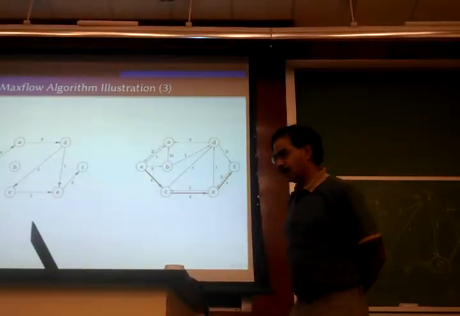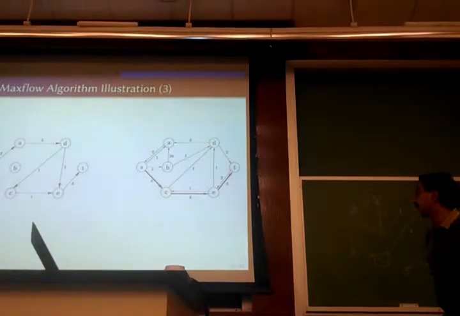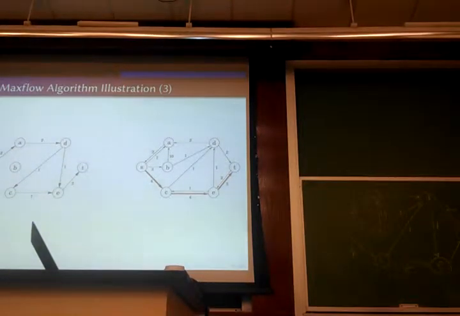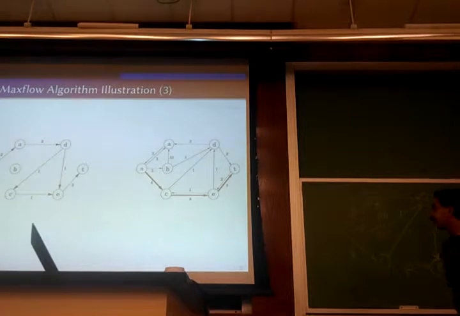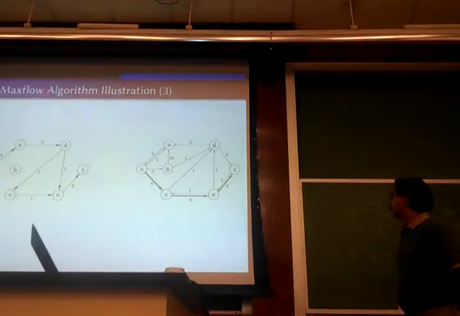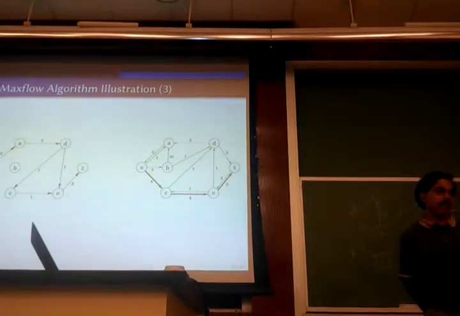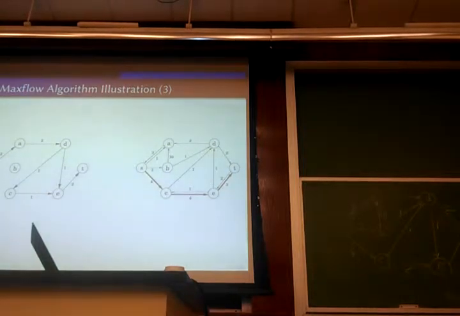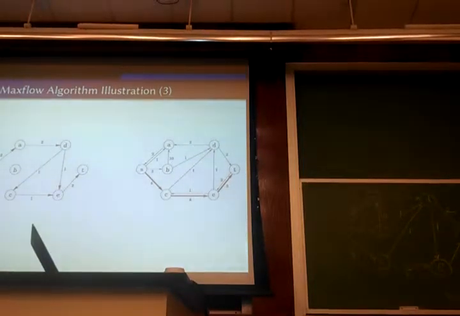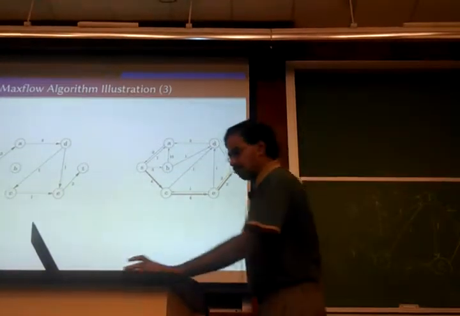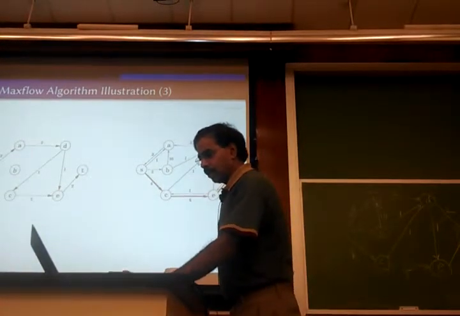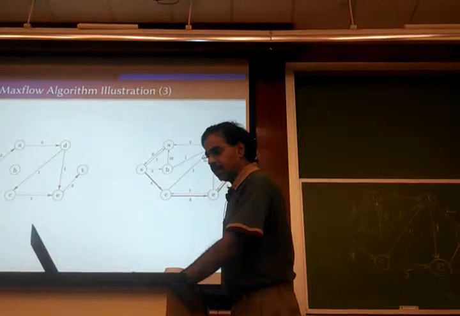And once again, you are going to look for a path, and let's say you pick this path, S C E T. Now, once again, if you follow that, you will see that the minimum capacity now is 3. So you're going to send 3 units through that path. Okay, so now we're going to add 3 here.